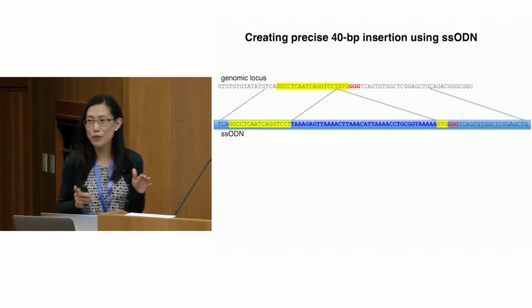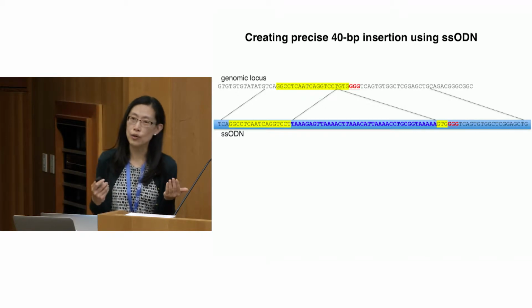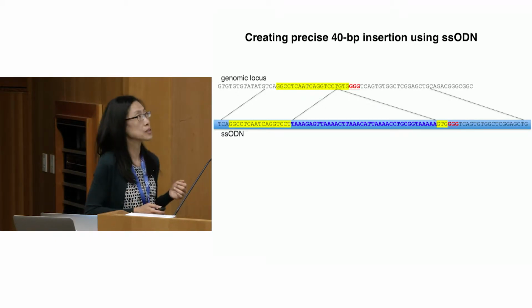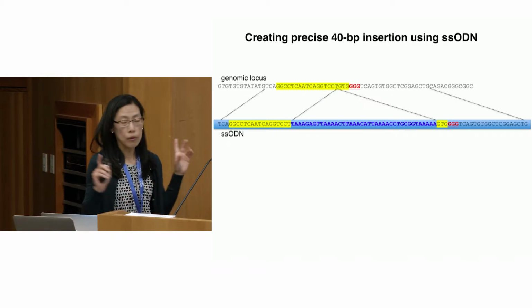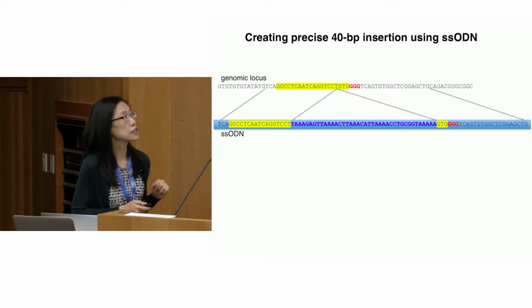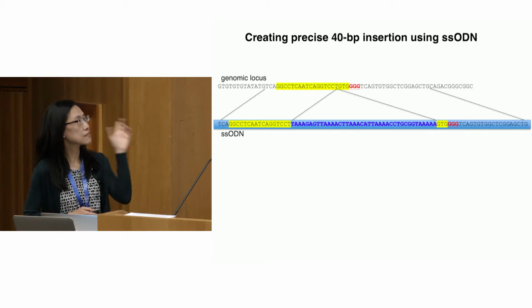It is important to know, if you ever want to use this approach in fish, there are some differences in terms of fish model versus the human cell models. In human cells, you usually use much longer homologous arms, but in fish, it is found that the short homologous arms are actually more effective.